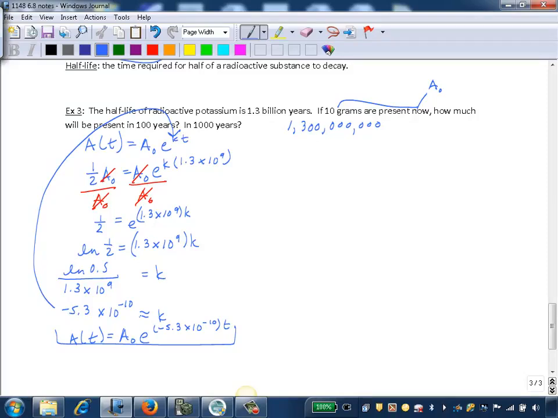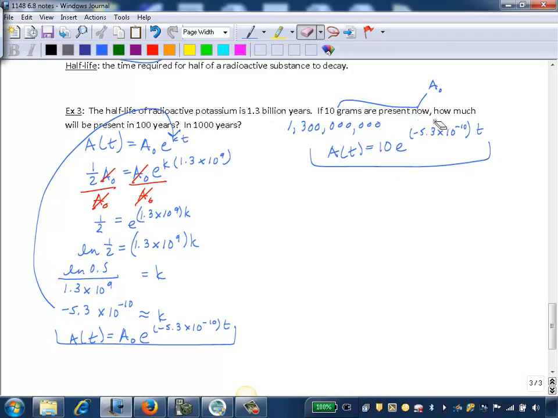So if we fill in our 10, we'll have A of t equals 10 for my A sub 0 times e to the negative 5.3 times 10 to the negative 10 t. Now I've got the complete model filled in. Everything's filled in except t and A, of course.